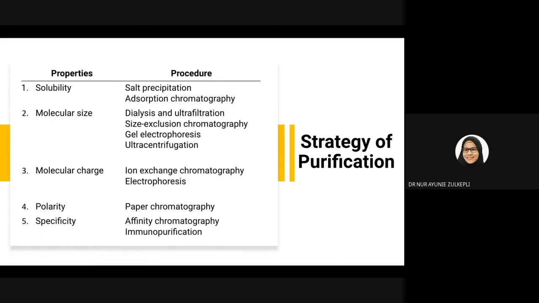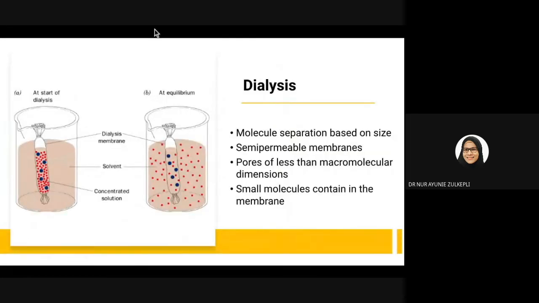We can also separate protein by its molecular charge, known as ion exchange chromatography or electrophoresis. To separate protein based on polarity, we can use paper chromatography. And for specificity, like ligand binding, we can use affinity chromatography and immunopurification. These are two more advanced techniques used to separate protein mixtures. Okay, let's go one by one.